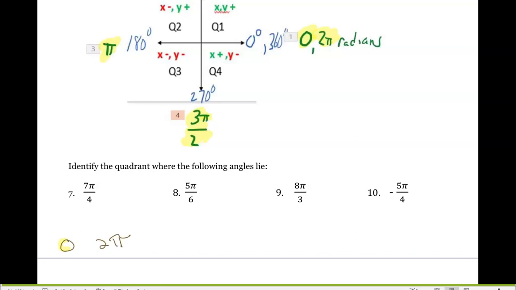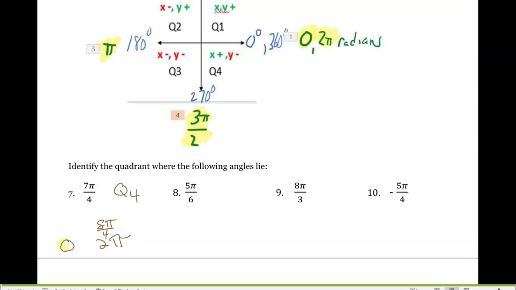So in this situation, I want to be between 0 and 8 pi over 4. So 8 pi over 4 is greater than 7 pi over 4. That means that 7 pi over 4 must fall in quadrant 4.